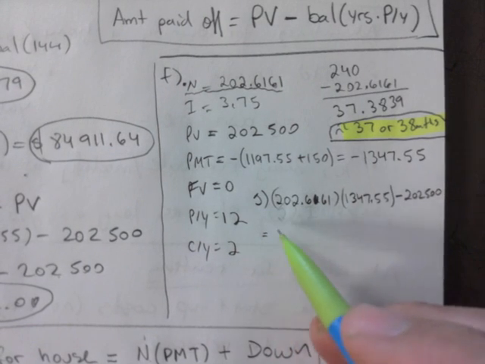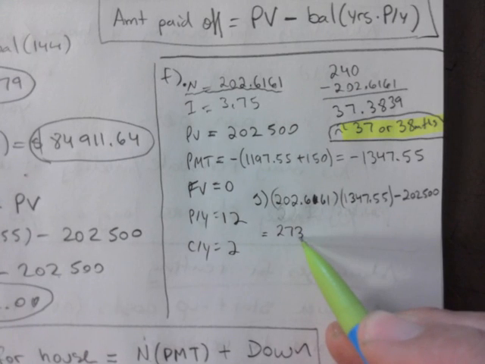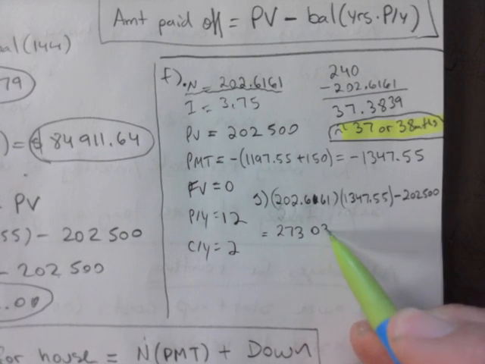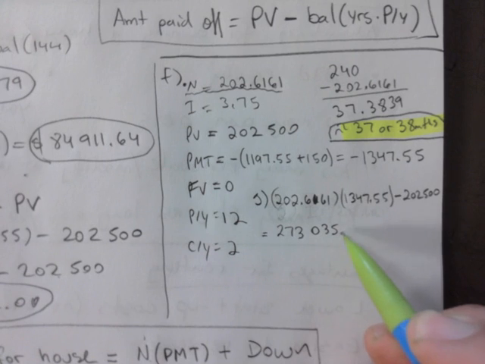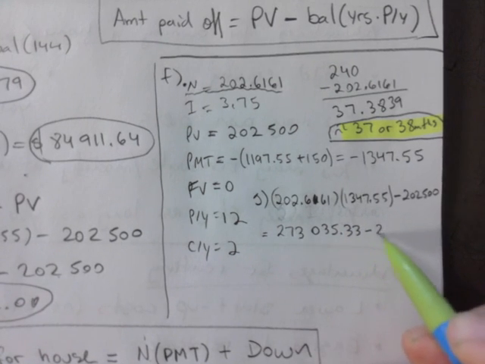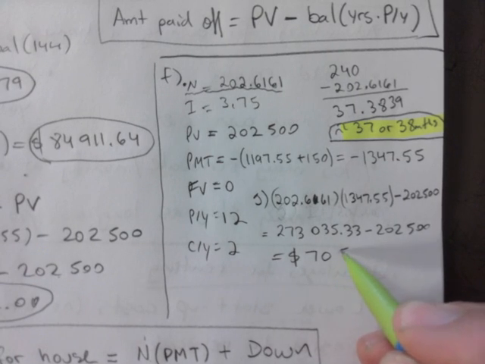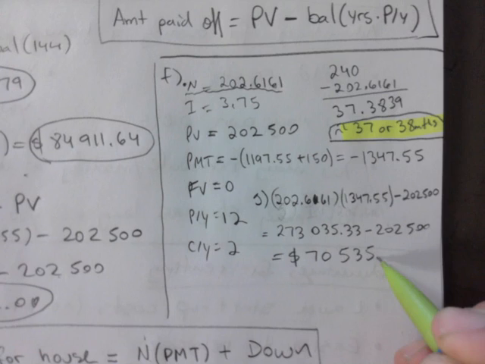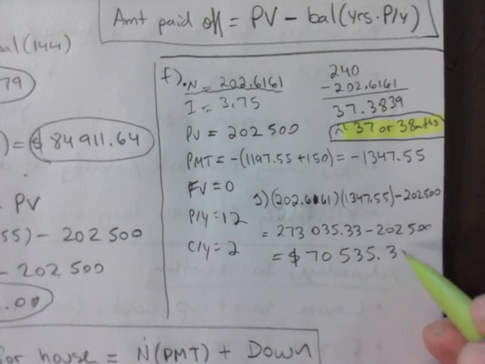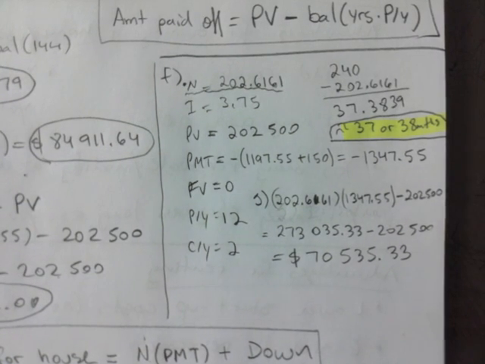And so that ends up being 273,035.33 minus 202,500. You paid 70,535 and 33 in interest with this setup right here.